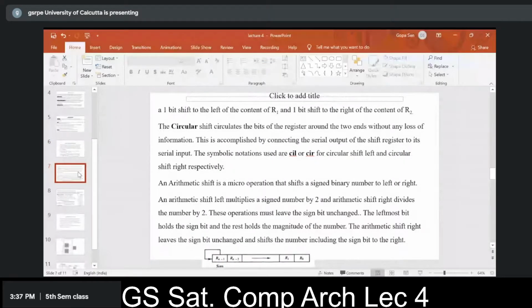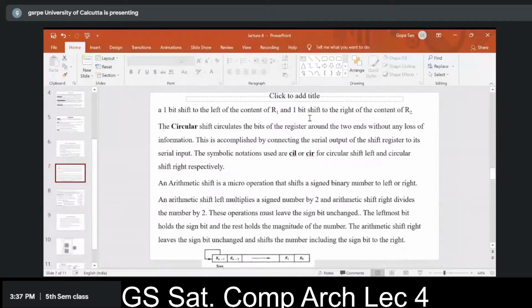Next one is circular shift left and circular shift right. Circular shift is again of two types, left and right. They are symbolically represented as CIL or CIR. Now, what happens in case of logical shift?